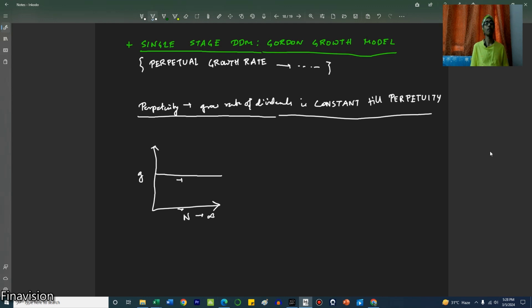And if you draw a graph of dividends with time for a perpetuity constant growth rate, it will simply look like this. It will be a straight line which is slanting, and the slope is basically the growth rate. So this is the dividend and this is the time. We are writing time in a discrete manner here so that we can understand it better. You can also write it T.